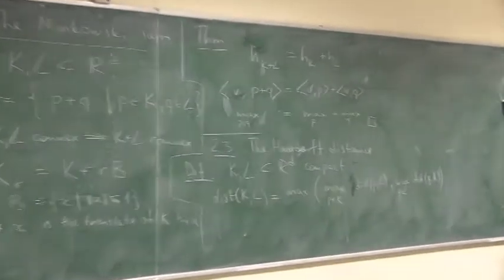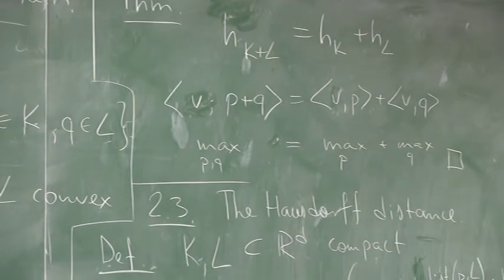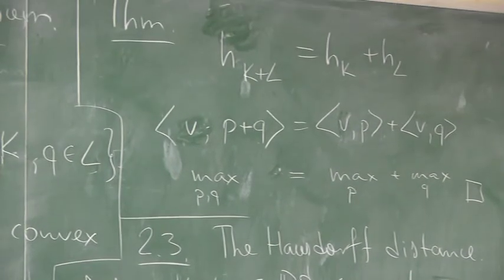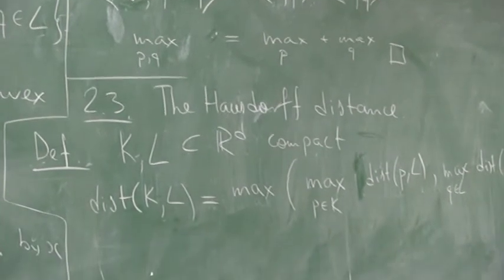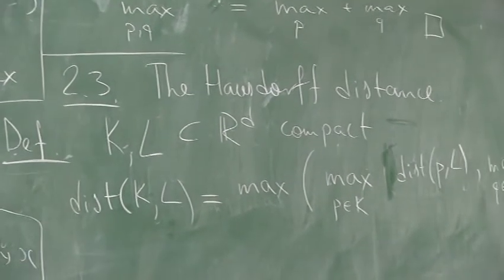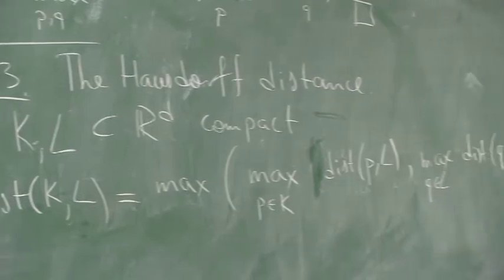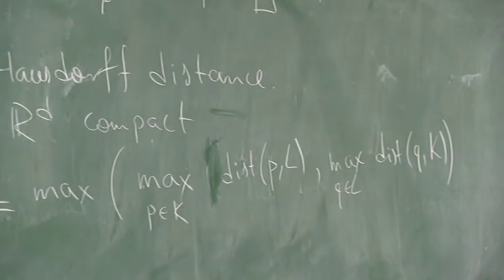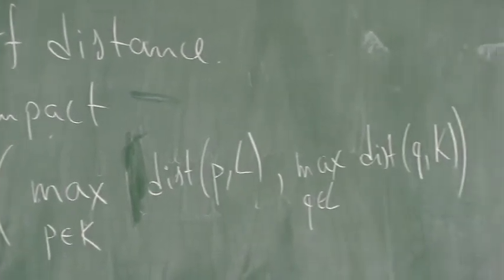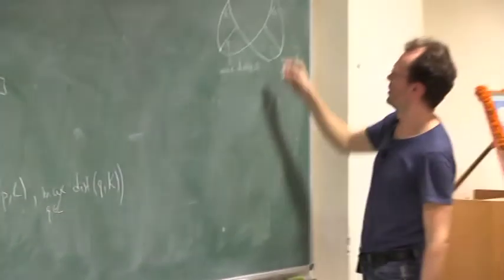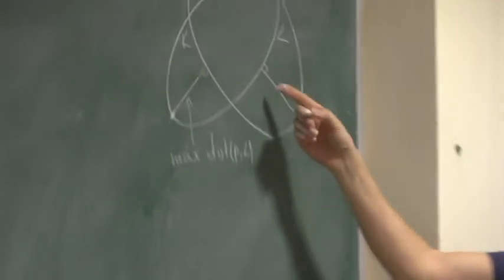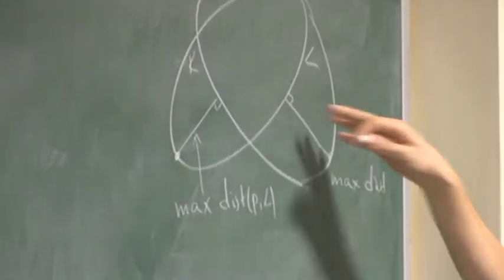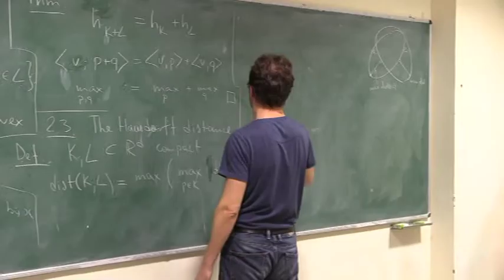It's some point here. This distance is the maximum of distances from P to L. And somewhere here is the point Q, which maximizes distance to K. And of these two distances, we take the one which is bigger. So say this one. So this is the Hausdorff distance between the two sets.